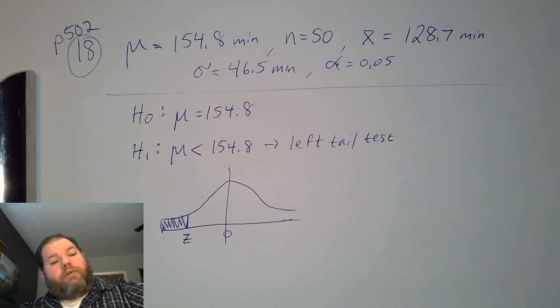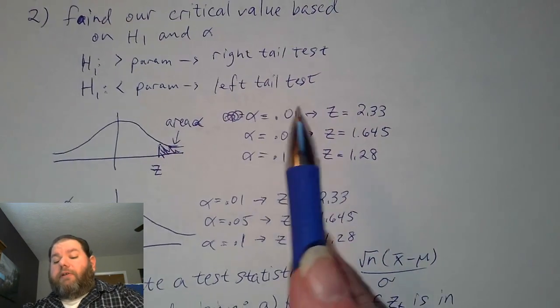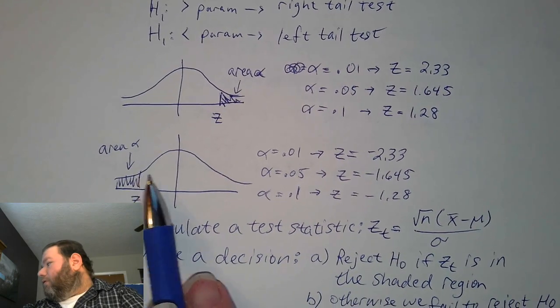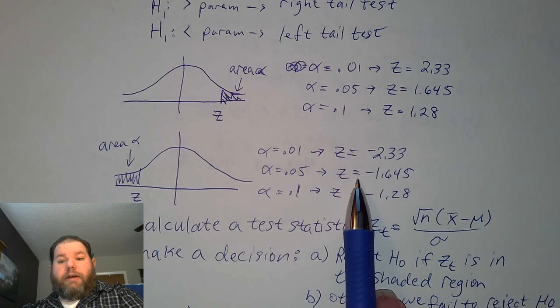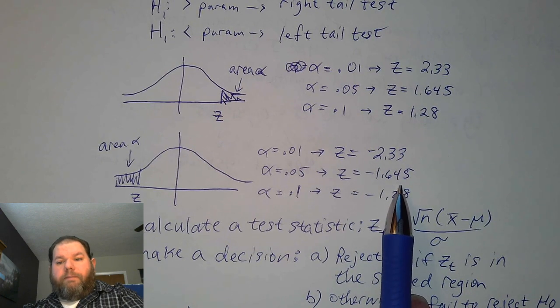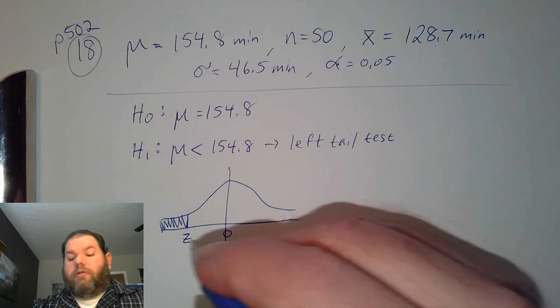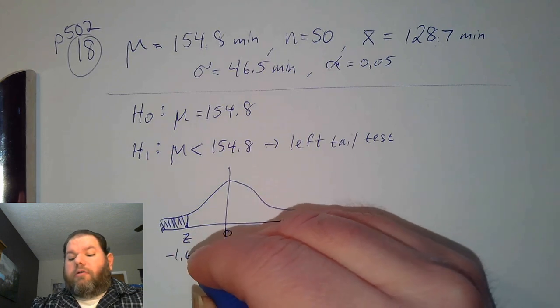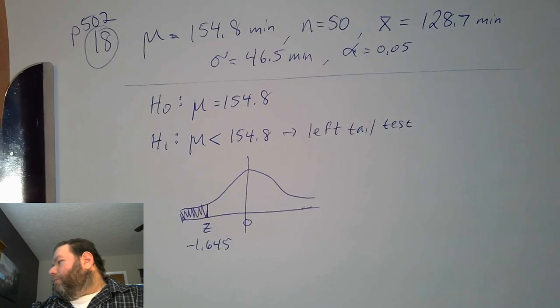Going off what we said before, for a left tail test, alpha equals 0.05, we'll use Z equals negative 1.645. Okay, so we know that to be true.